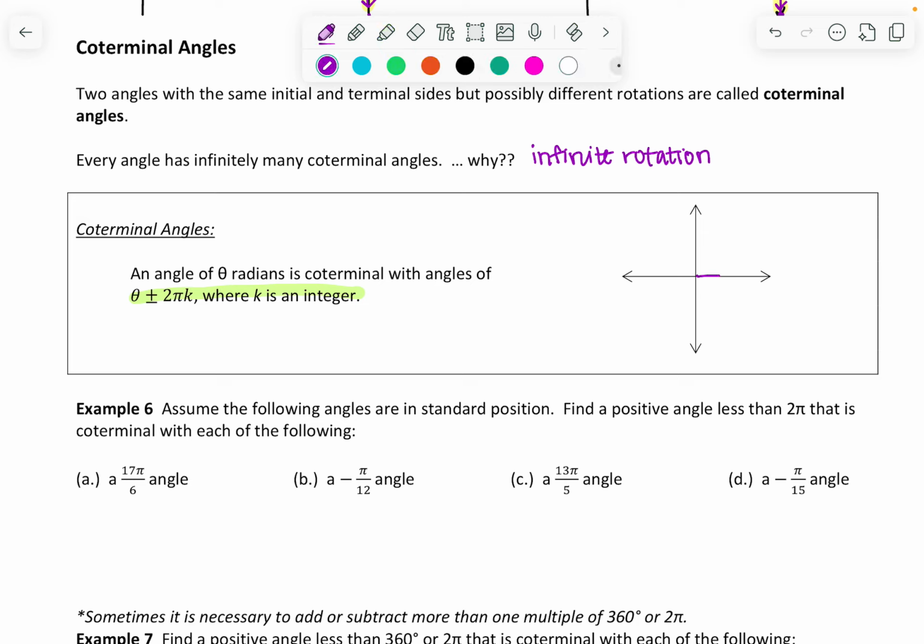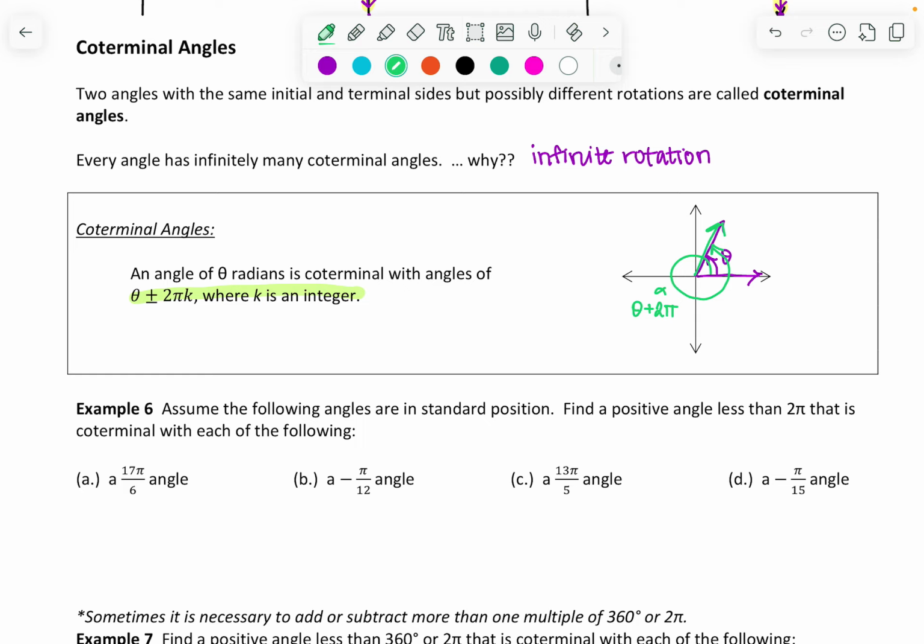If I have an angle like this, let's say that this is my angle theta, then I can also have an angle that rotates to this exact same spot, but maybe that rotated all the way around and then some, okay? That alpha is going to be theta plus 2 pi.